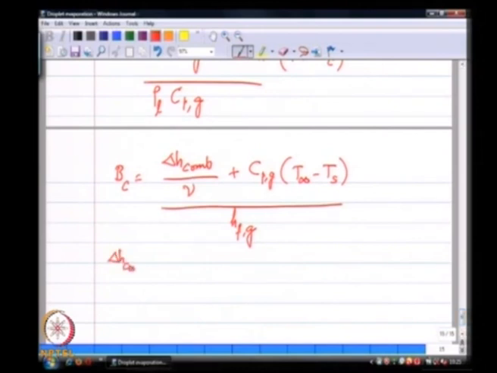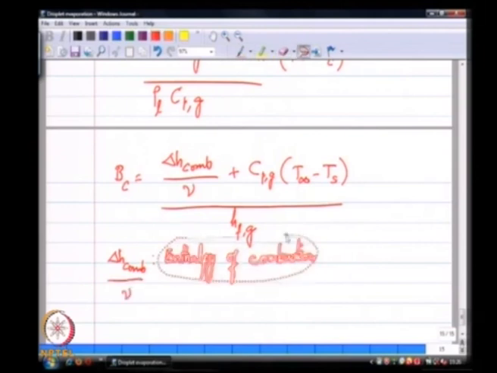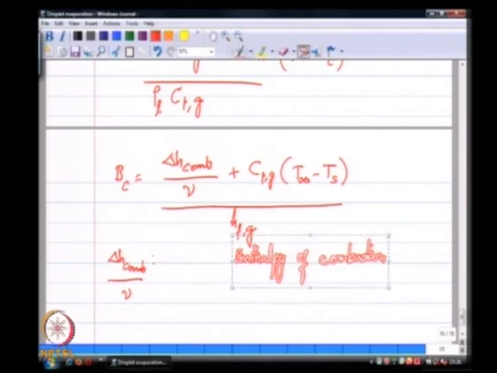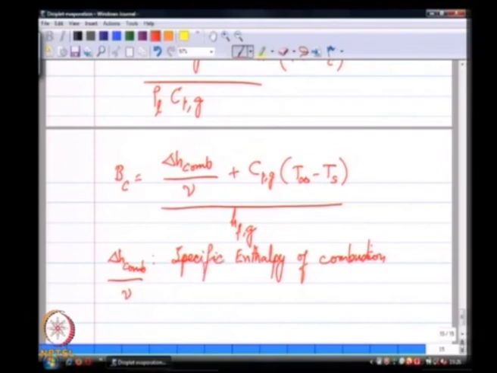delta H combustion is the enthalpy of combustion, or let us just say delta H over nu is a specific enthalpy of combustion, typically in units like kilojoules per kg.